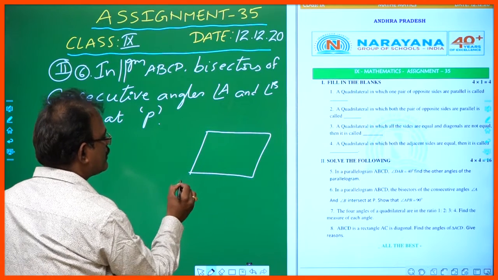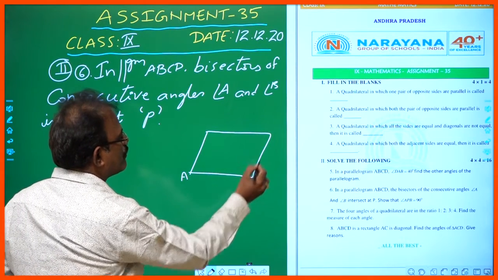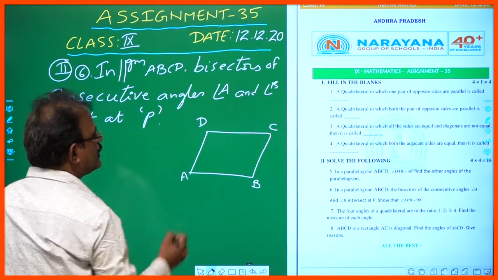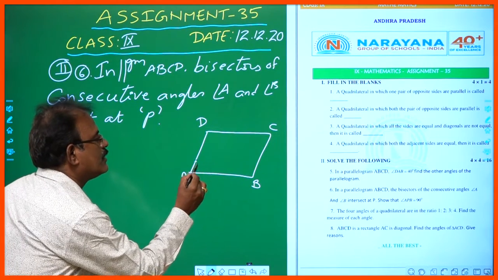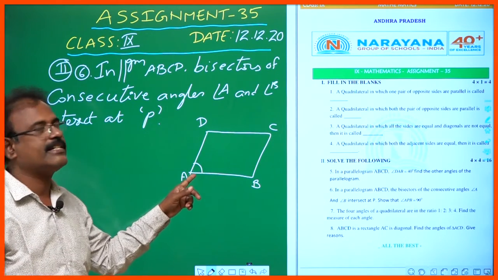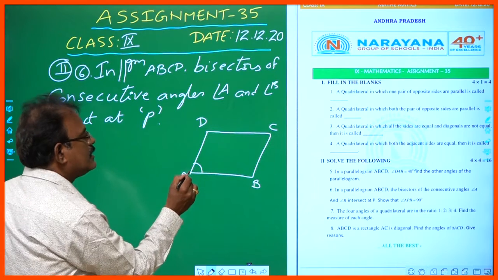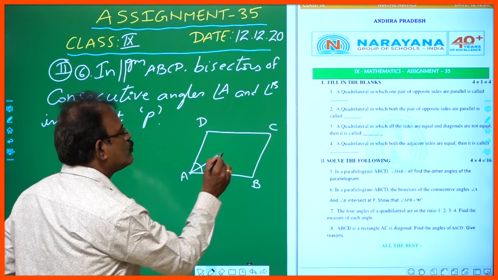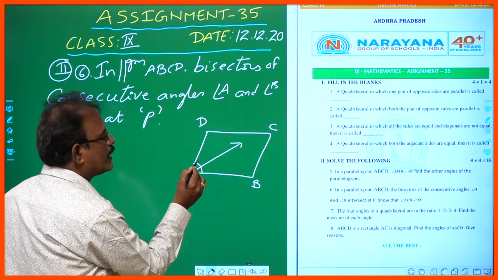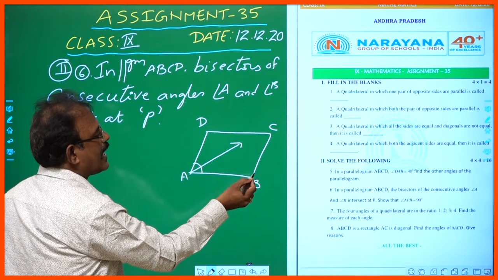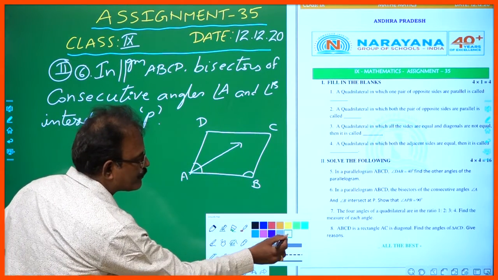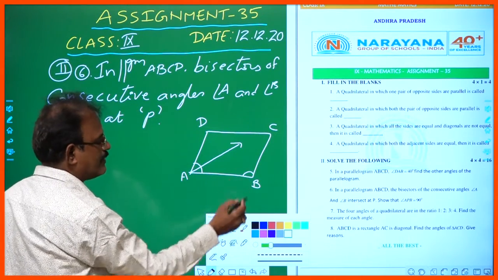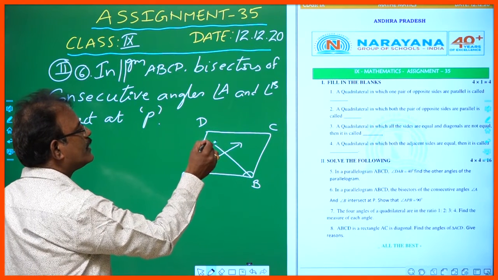Let us draw one rough diagram for parallelogram ABCD. Here, the bisectors of angle A and angle B. That means, for example, if angle at A is 80 degrees, the bisector divides the angle at A into two equal angles, like 40, 40. Similarly, angle at B is, say, 100 degrees, then it is divided into 50, 50.